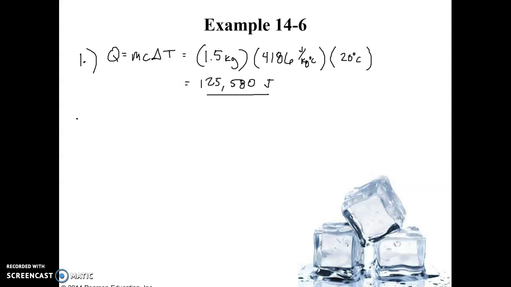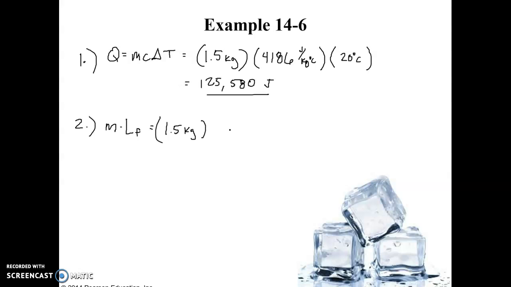Then we have to freeze it. The amount of energy required to freeze that amount of water is mass times L sub F. So that mass is still 1.5 kilograms.